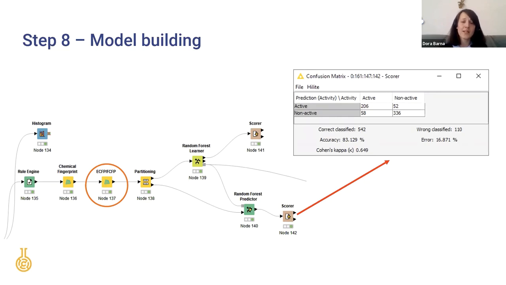And then on the rest of the input data set, which we will use as a test set, we will use the random forest predictor node to predict whether the test molecules fall in the active or in the non-active class. And finally, we can use the scorer node to see the overall accuracy of the built model, which is a bit above 83%.